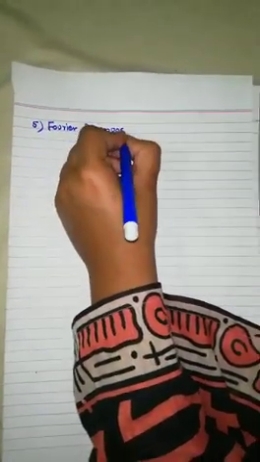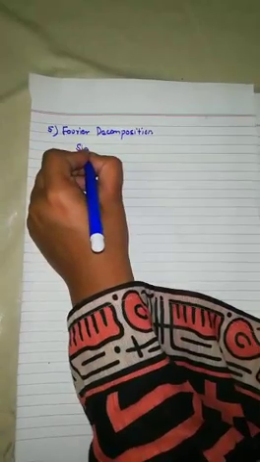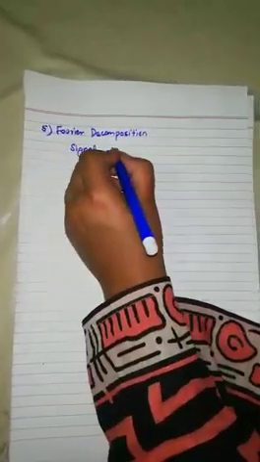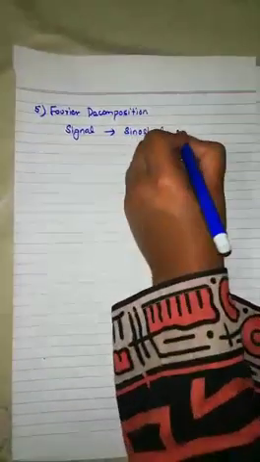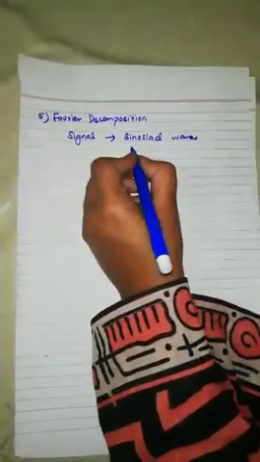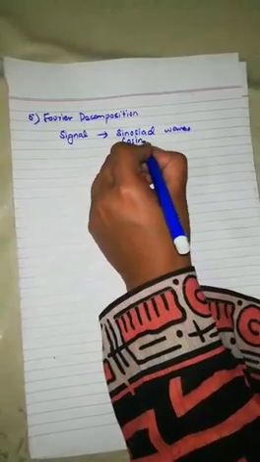Last kind of signal decomposition is Fourier decomposition. If you divide a signal into sinusoid waves, which is cosine and sine waves.